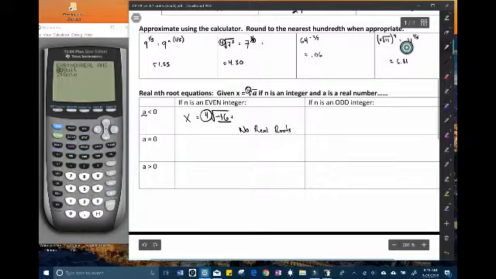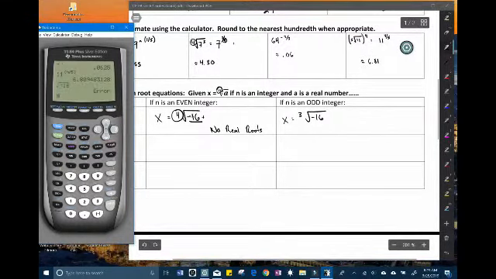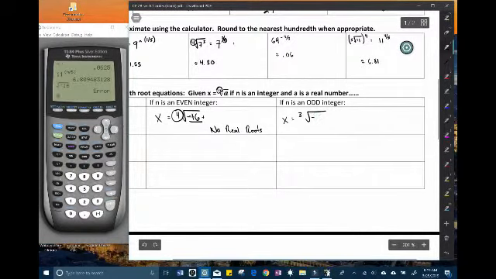Now, let's say that it is odd. So let's say we want to find the 3rd root of negative 16. In this case, it actually is possible. Let's go with 8 instead of 16.